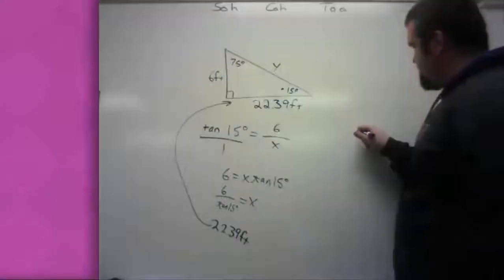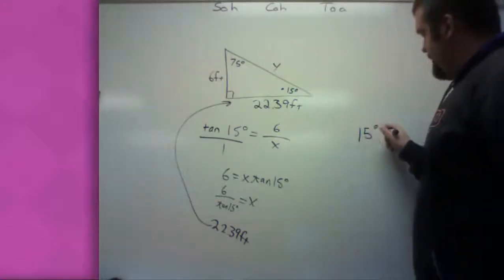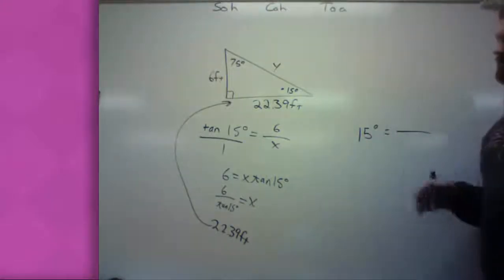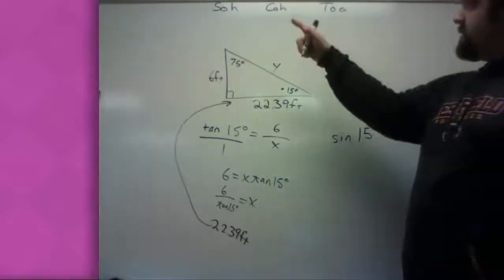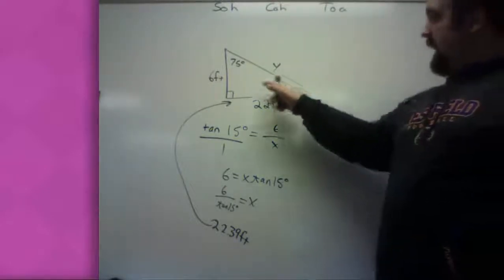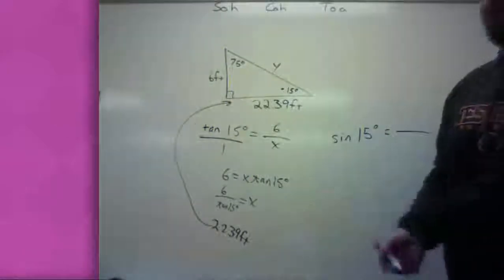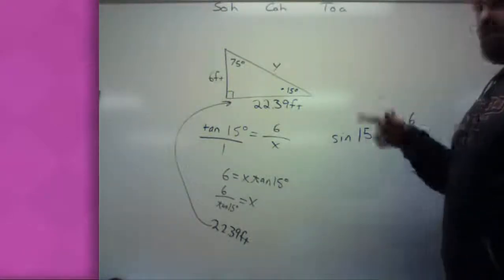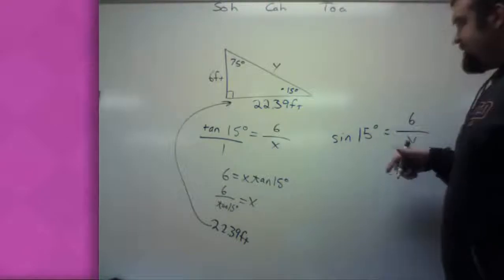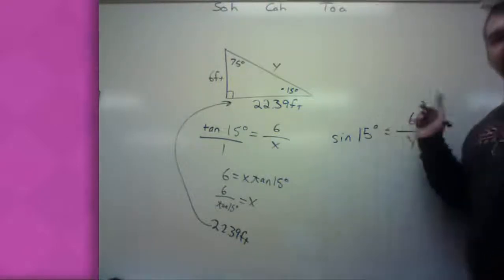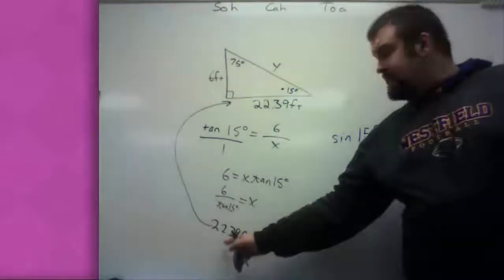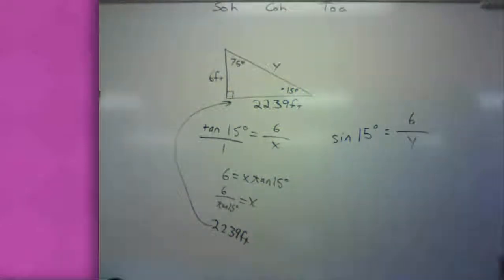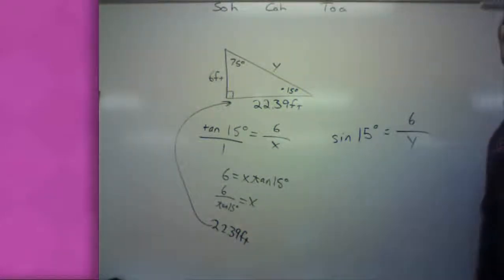Well, if again I'm using 15 degrees here, and I'm using a ratio. Sine of 15. So opposite is 6. That's the number they gave me. That's not rounded. Y is what I'm looking for. All these numbers are exact. 15 was what I was given. 6 is what I'm given. Y is what I'm trying to find. I'm not using a rounded answer at all. Sine will be the best way to go here because you get less error.